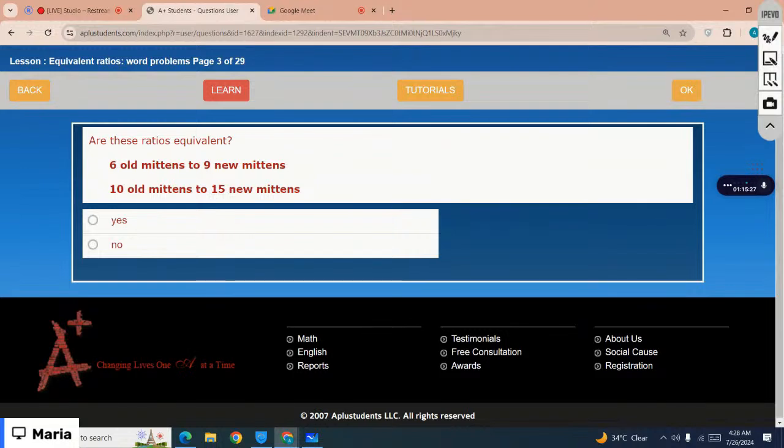They are equivalent. The correct option is yes, they are equivalent.